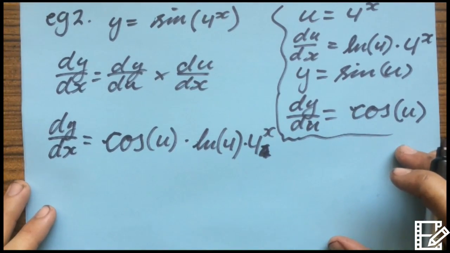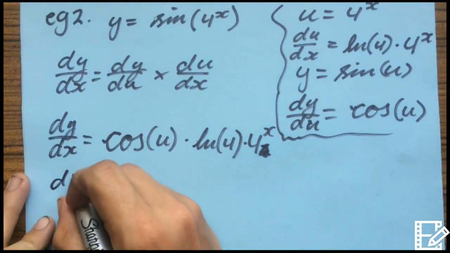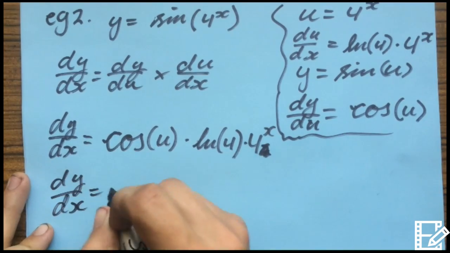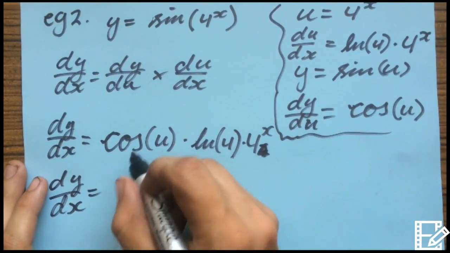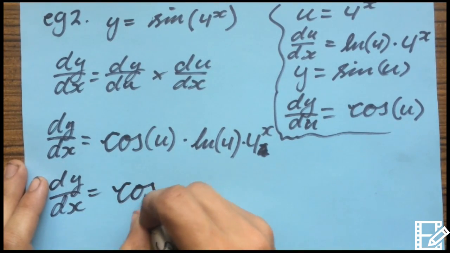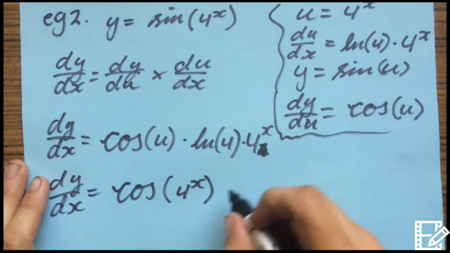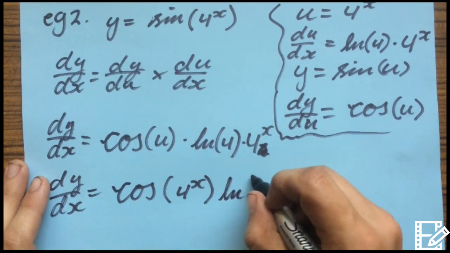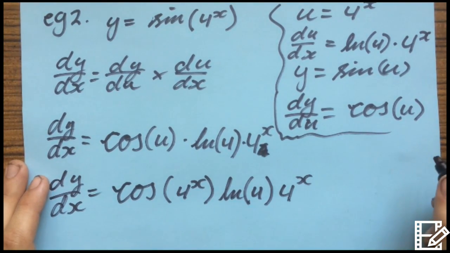So rearranging it won't really make it look much neater, so we'll just leave it the way it is and fill in the u. Cosine 4 to the power of x, because that's what u is, ln 4 times 4 to the power of x.